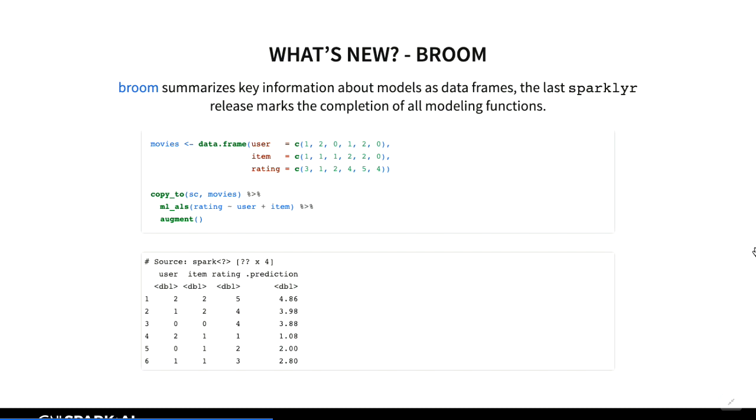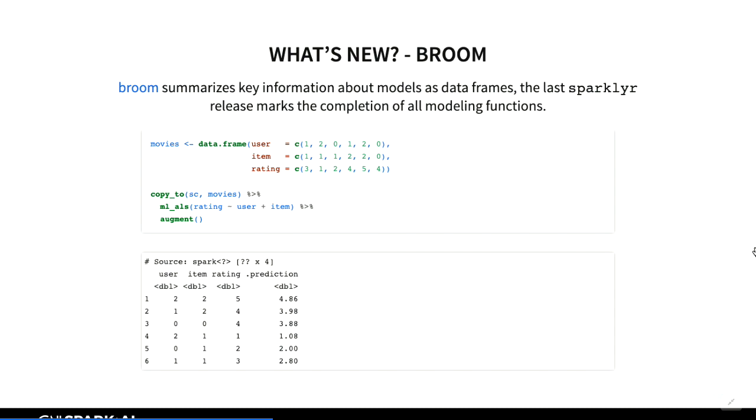Another popular library in the R community is called Broom. This library allows you to convert the parameters from a model into a data frame. That's really useful if you're fitting multiple models and need to keep track of them, because at some point you want the same interface to all of them. That's what the package does for R packages that provide modeling functionality.